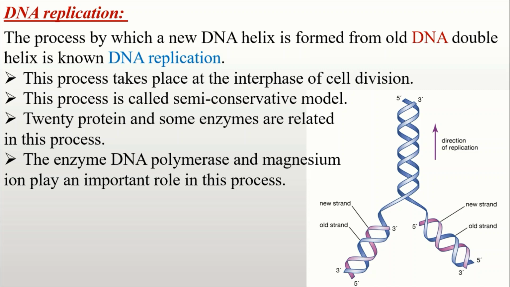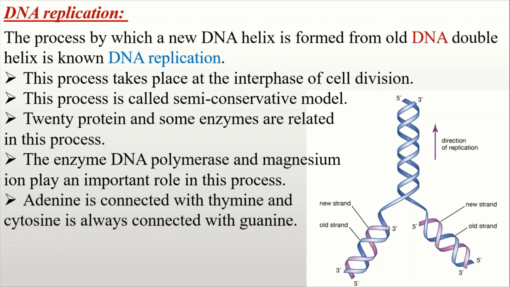When the double strand DNA is unwound up to a point, a Y-shaped structure is developed, which is referred to as the replication fork. The enzyme DNA polymerase can polymerize the nucleotide only in the 5' to 3' direction.